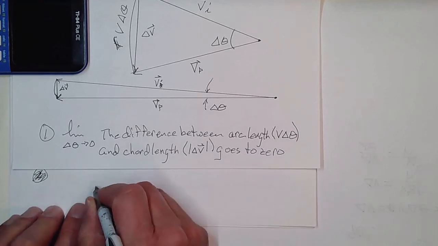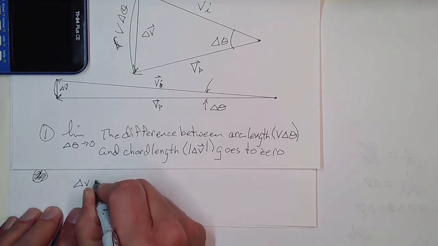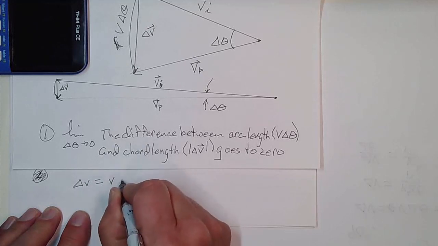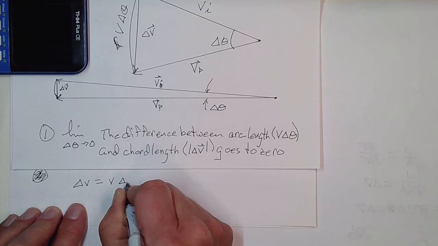And so from before, we're going to use that term for delta theta that we had. Okay, so we've got delta V is equal to V delta theta.